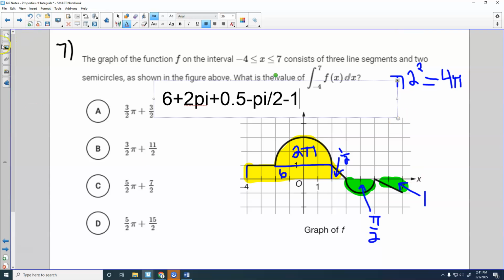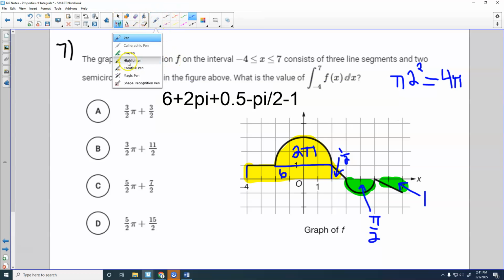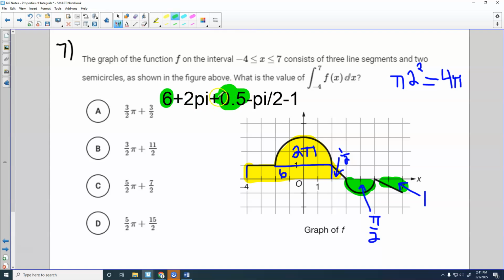And if I combine my like terms, I've got 6.5 and negative 1, and so that will give me 5.5, which is 11 over 2. It makes me think this is probably it right here. But you'll also have the 2 pi minus pi over 2. That's going to give you 3 pi over 2. So B right here is your answer.